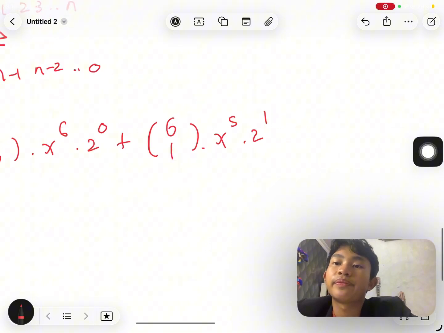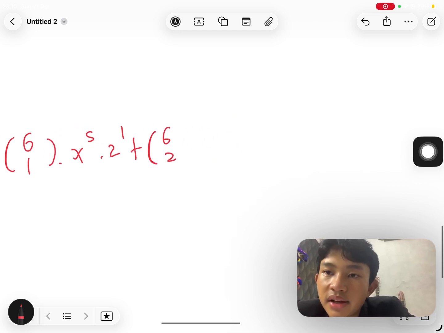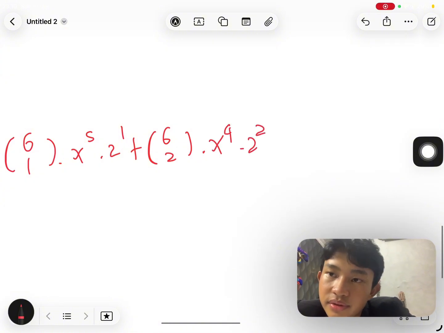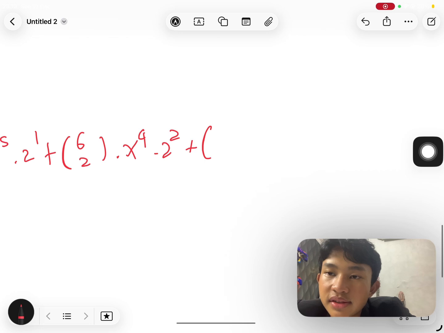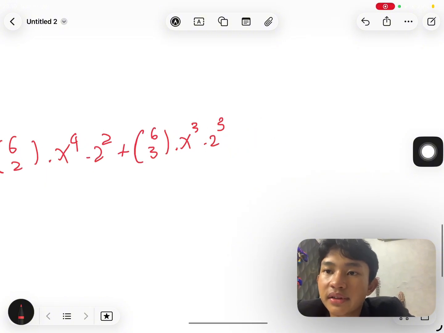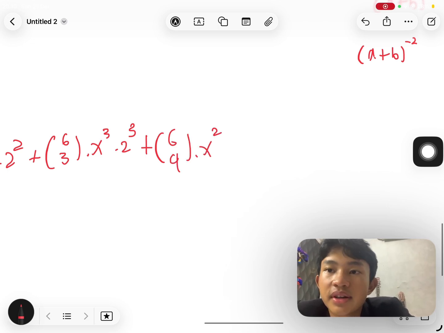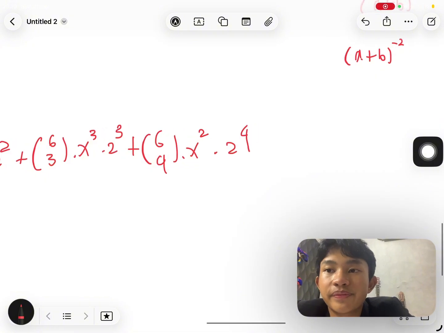And then for the third term, we have 6 choose 2 times x to the power of 4 times 2 to the power of 2, plus, again, we just repeat this pattern over and over, 6 choose 3 times x to the power of 3 times 2 to the power of 3, plus 6 choose 4 times x to the power of 2 times 2 to the power of 4.